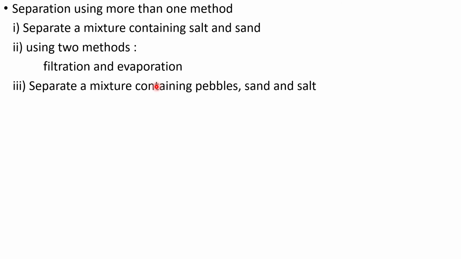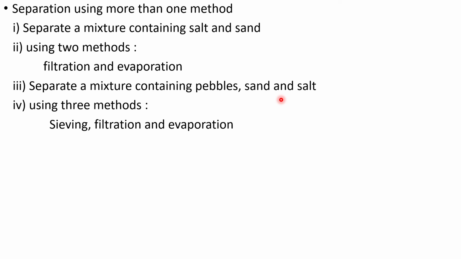Okay, next is separating a mixture containing pebbles, sand and salt. How would you do this? First you pause the video and think, and then you check with me whether you have followed the methods which would be required here. Here you would require three methods. First, you would do sieving.